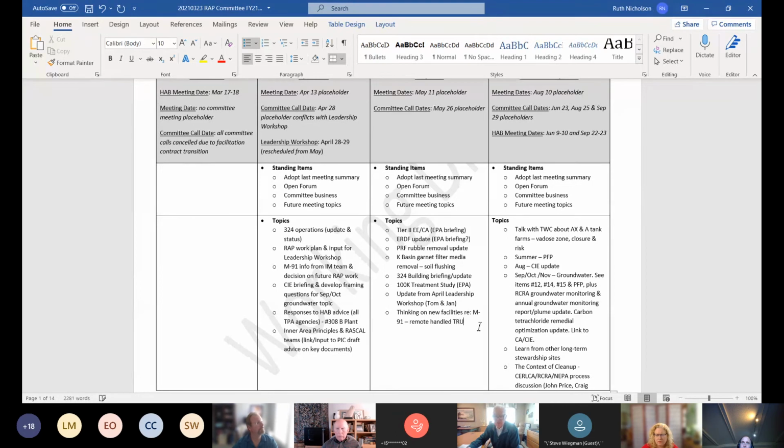We got chunks of stuff out there like the glove boxes and large process equipment. We would really like to have a presentation on how are they going to clean that up, and how are they going to cut it up in pieces and ship it to WIPP, or is that stuff going to be buried in ERDIF, just moved to ERDIF?